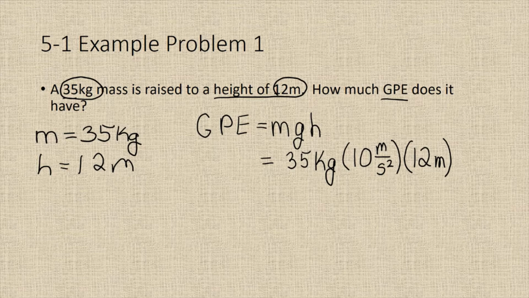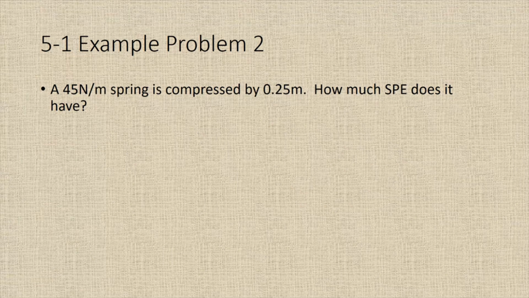We just go to our calculator to multiply the three numbers together. And you get 4,200 joules of gravitational potential energy. Moving on to problem 2.